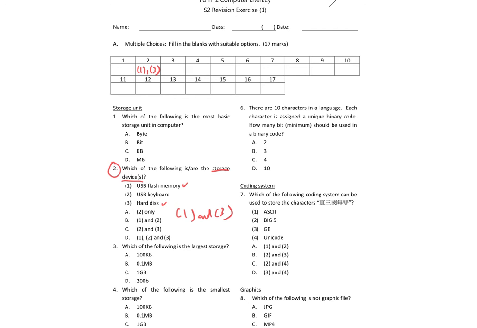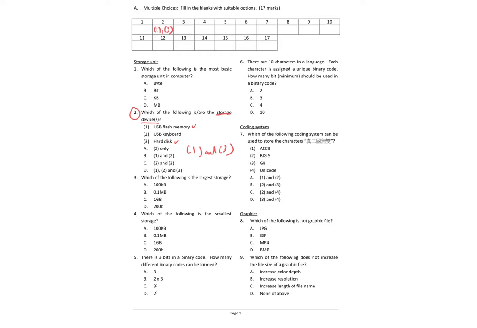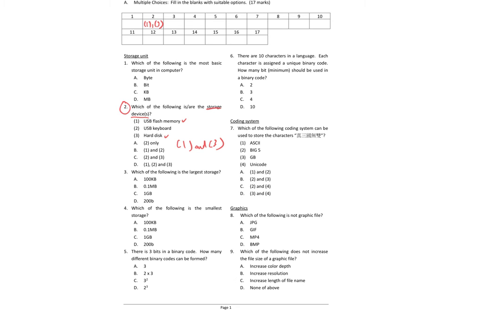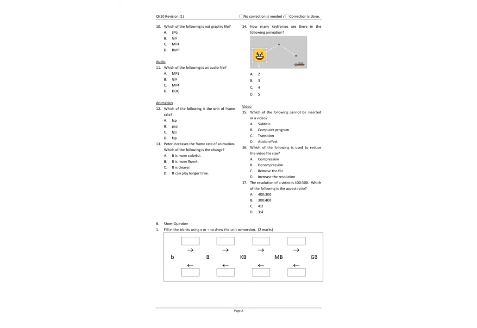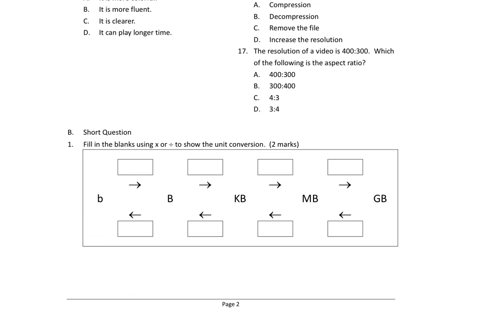For the others, I have no special things to talk about. Let's go to page 2. I want to talk briefly about this diagram. It is about the conversion of units. From small b to big B, the conversion should be divided by 8, and the reverse should be multiplied by 8.